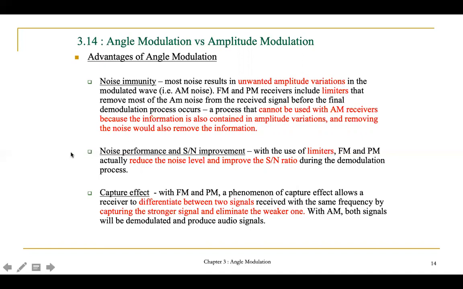The second advantage is that angle modulation has better noise performance and signal to noise improvement. This is related to the first point, where since angle modulation has a limiter that can remove the AM noise, the noise in angle modulation is lower compared to amplitude modulation.